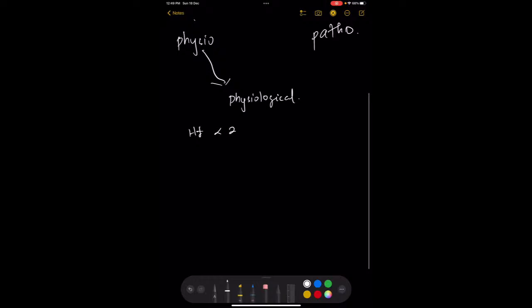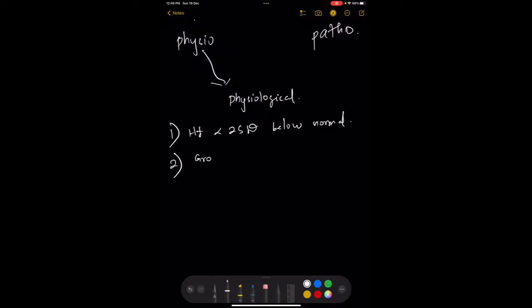height less than 2 standard deviations below normal, and the second point is that here the growth velocity is normal.